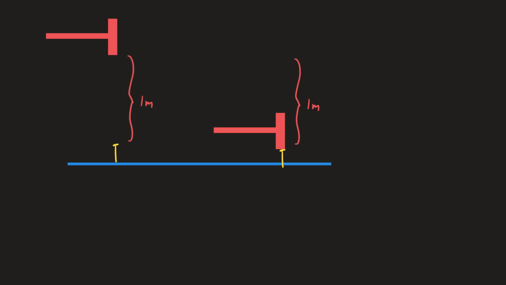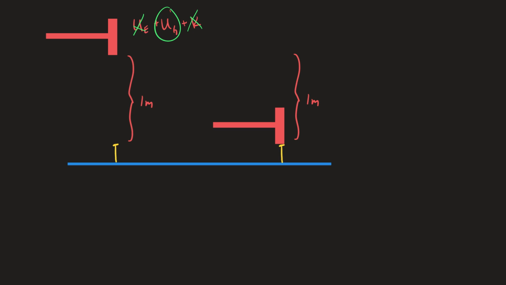What kind of energy does a hammer have when it's pulled up above the nail? Yeah, it just has gravitational potential energy. It does not have either of these. Now, just before it hits the nail, so it's just about to touch the nail, but it hasn't hit the nail yet, what kind of energy does it have?